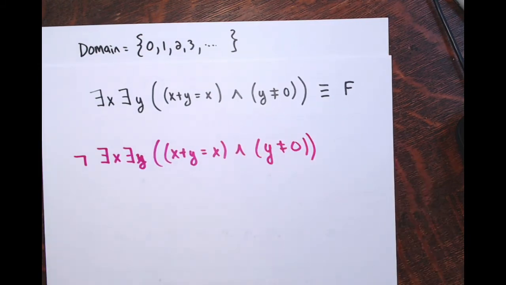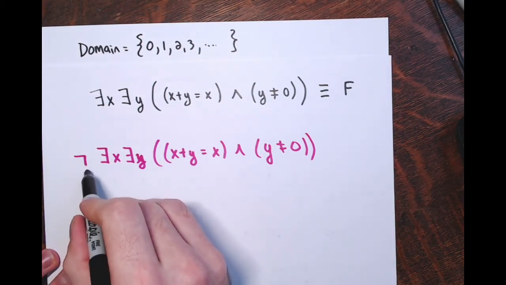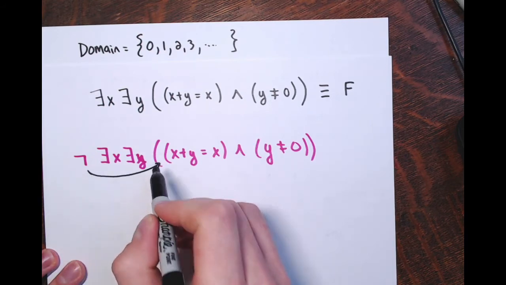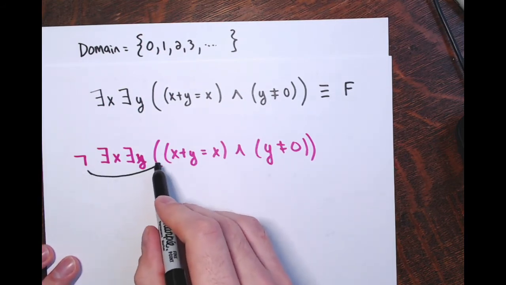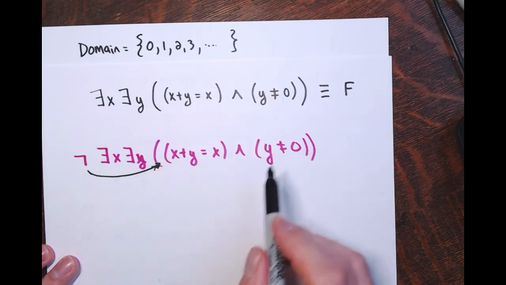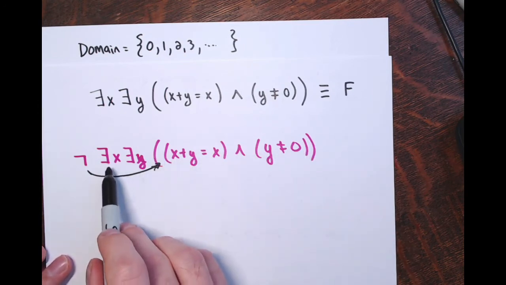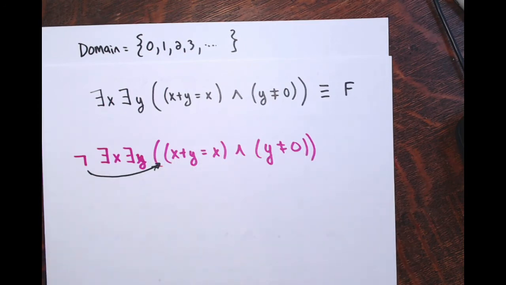Now remember, when you negate a statement with a quantifier, you can move that negation inside, outside the predicate, and all the for everys become there exists, and all the there exists become for every. You saw that in the last section.